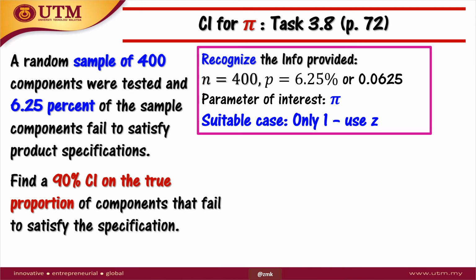Then we identify a suitable case relevant to this topic. We know that we only have one case related to constructing the confidence interval for pi. That is, we should use Z in the formula of the confidence interval.